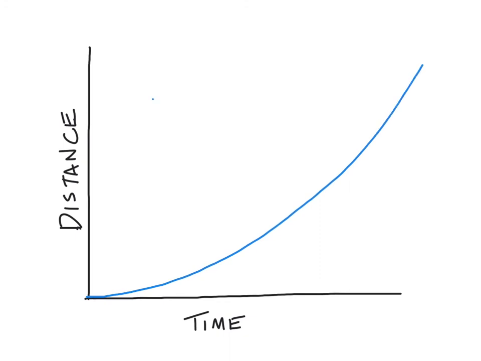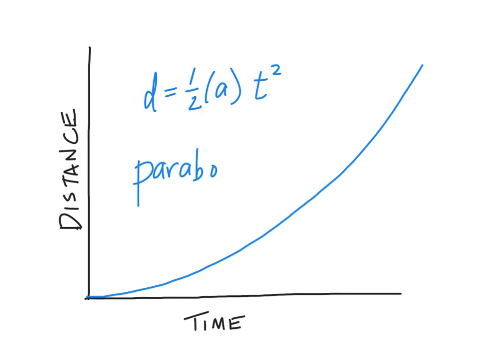Well, our formula that we just found makes sense with that graph because this is a parabola. That might be a word that you are learning about in math or that you have learned about. And a parabola has a different style to its equation. It involves the x being squared. And our x is time. So that is why the t is squared in our formula.